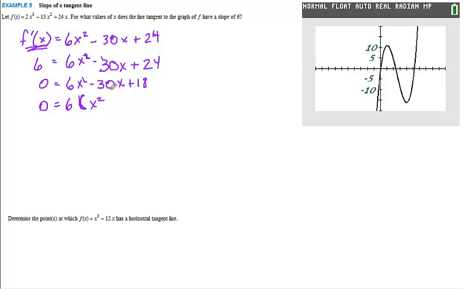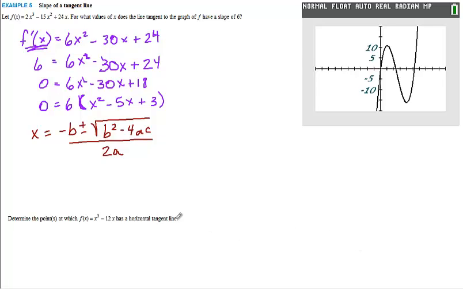X squared minus 5x plus 3. And that's going to be quite messy. So messy, in fact, that it's going to require the quadratic formula. So minus b, that'd be a 5, plus or minus square root of b squared.